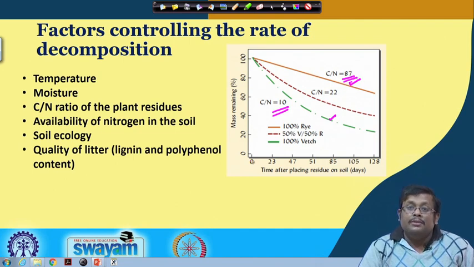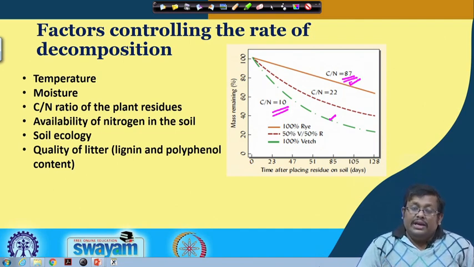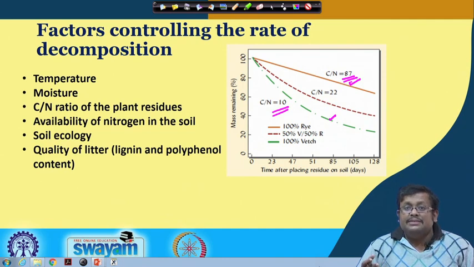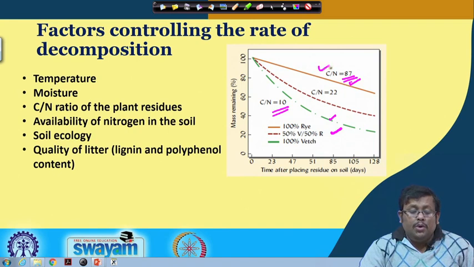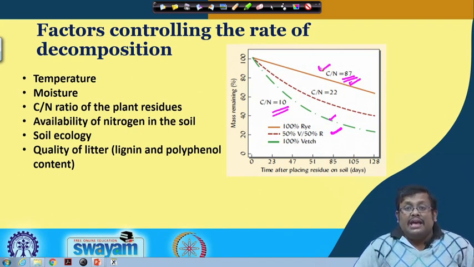So, from our previous lecture we know that when the C:N ratio is low, it encourages mineralization, and that is why you can see the decomposition of organic matter is quite rapid in the case of vetch as compared to rye, because in the case of rye the C:N ratio is quite wide, and as a result mineralization and decomposition is quite slow.